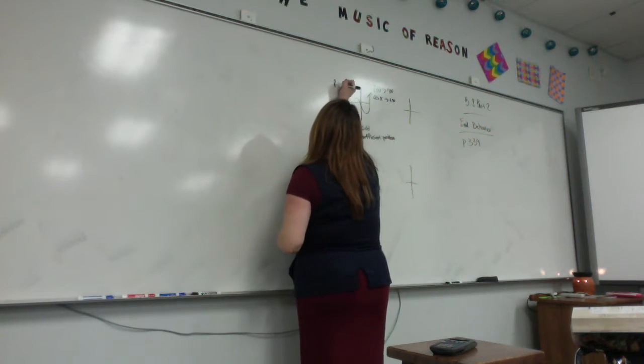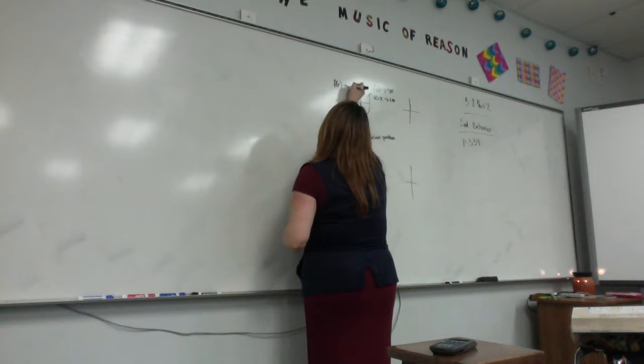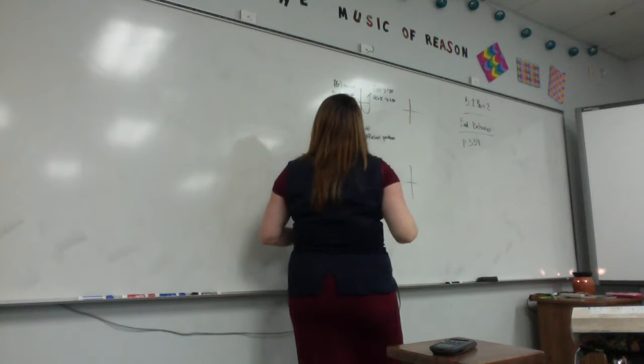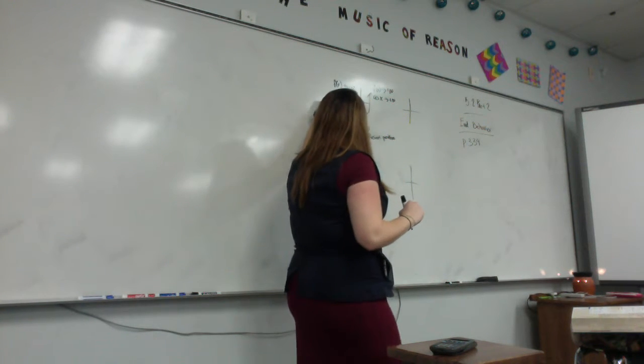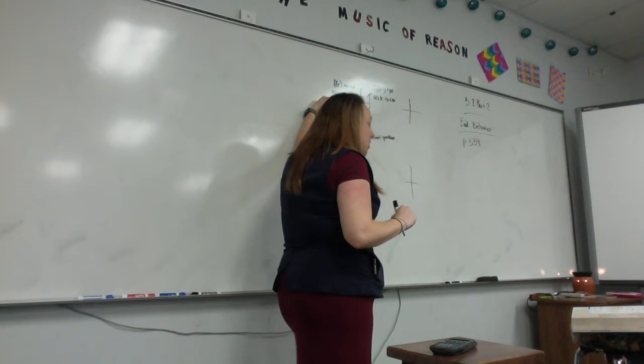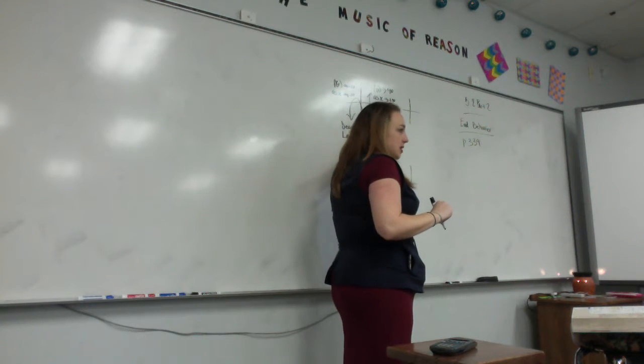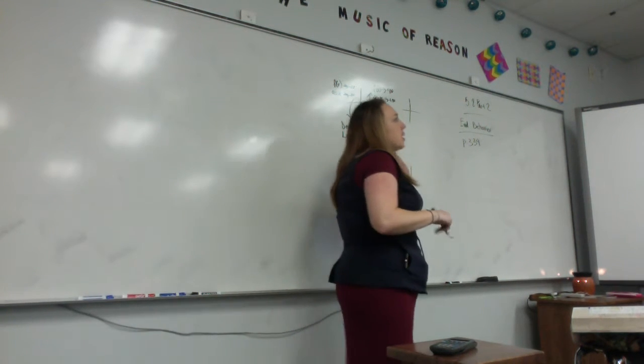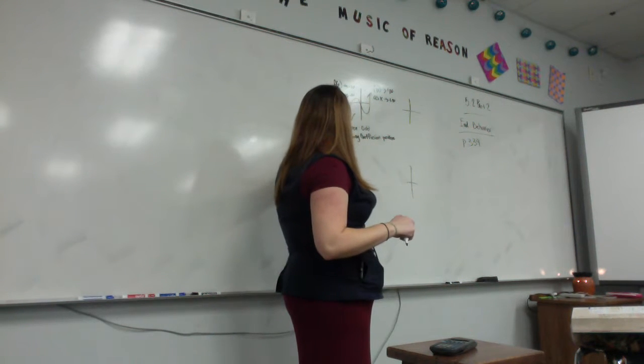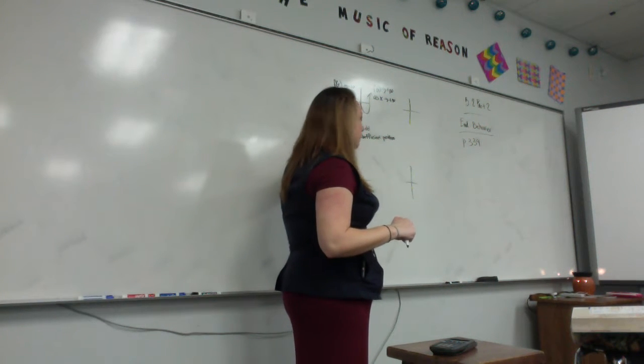So f of x yields negative infinity as x becomes negative, towards negative infinity. So as I plug in a negative x, I get negatives. As I plug in positives, I get positives. That's if my leading coefficient is positive and my degree is odd.